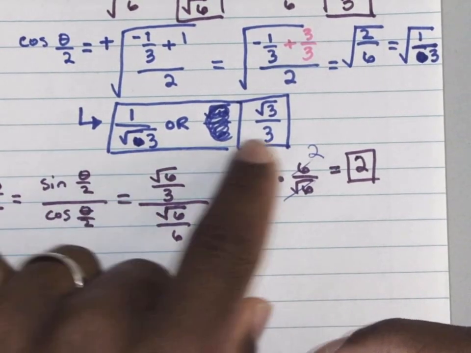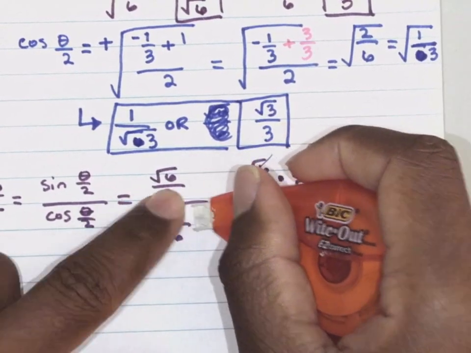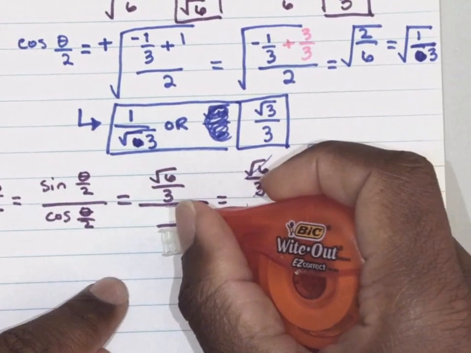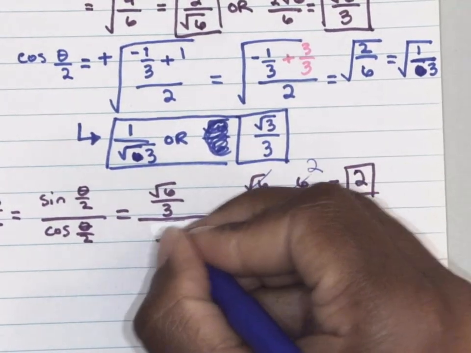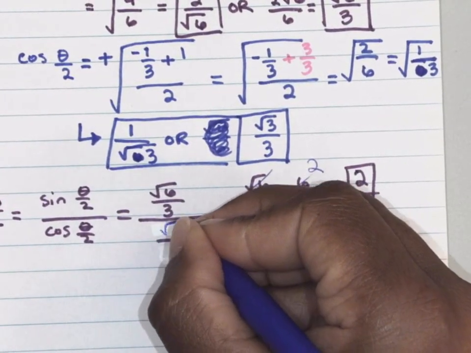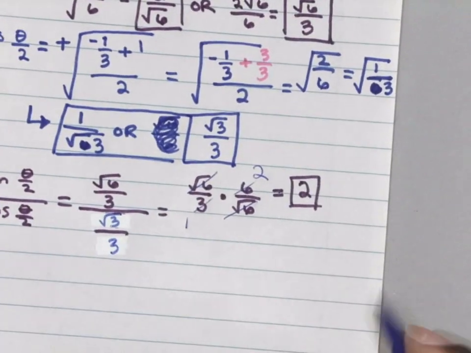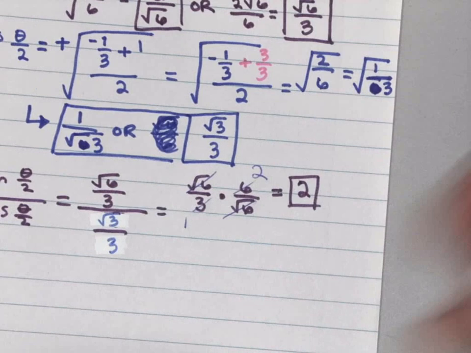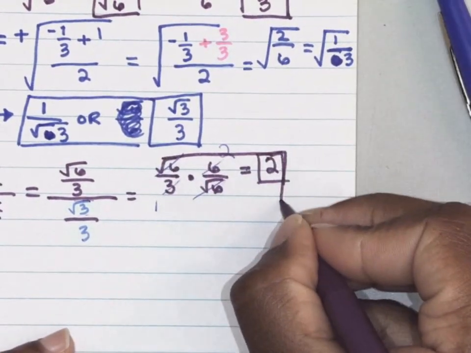Right, so let me make a change here. That was cosine, so I need to change this one. So it would be root 3 over 3. Then I'll go and change this over here, or actually let me just scribble this one out.